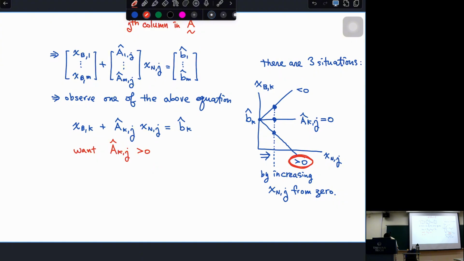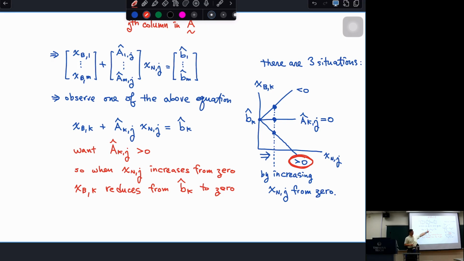So when x_nj increases from 0, x_bk reduces from b hat k to 0. Right? If you choose positive coefficient, then when you increase like this up to here, the value of x_bk will drop to 0.